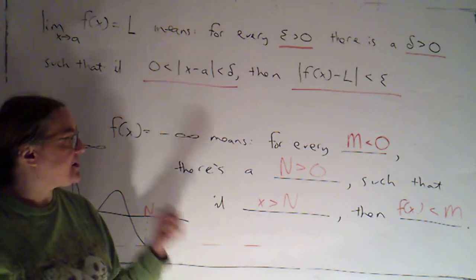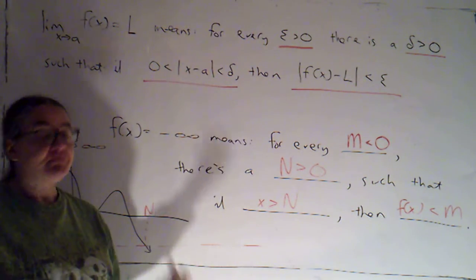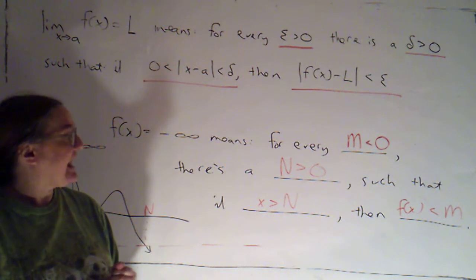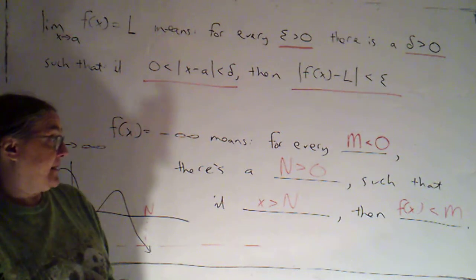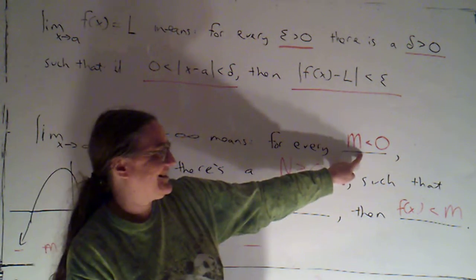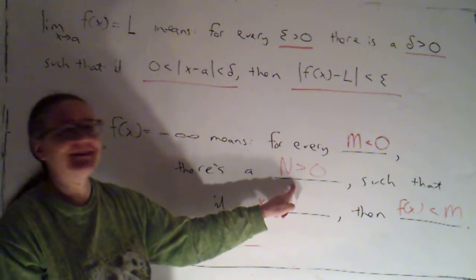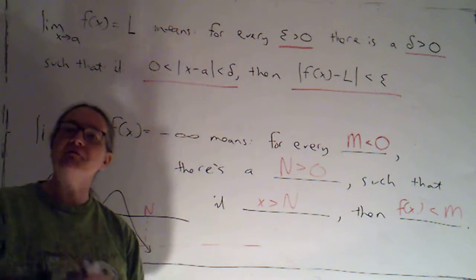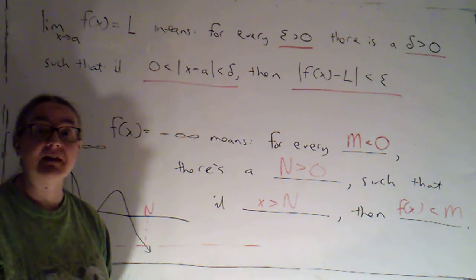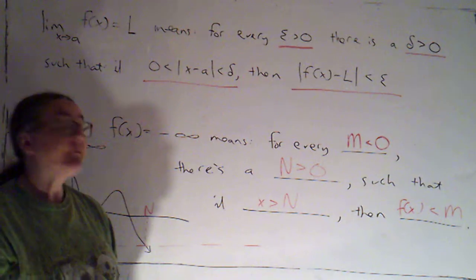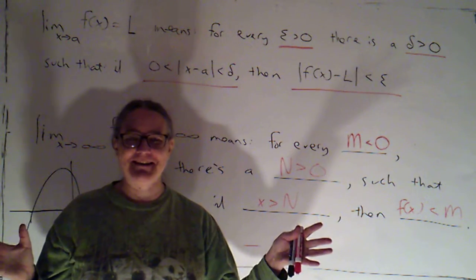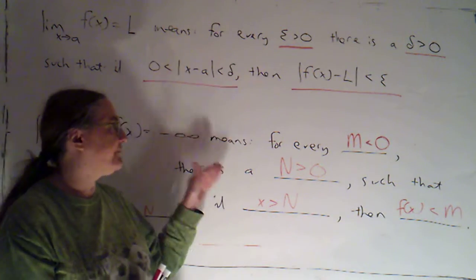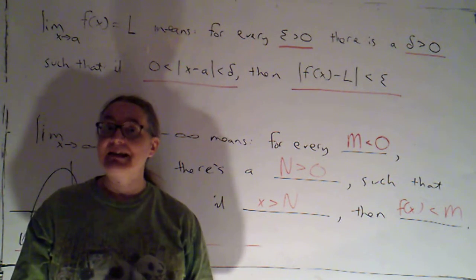So one letter to be your standard of bigness for the x's, a different letter to be your standard of bigness for the y's. That's really important in this case because this is a negative number and this one is a positive number because one variable was going to plus infinity and the other to minus infinity. But even if they're both going to the same signed infinity, you still need to have different standards of bigness for the x and for the y.